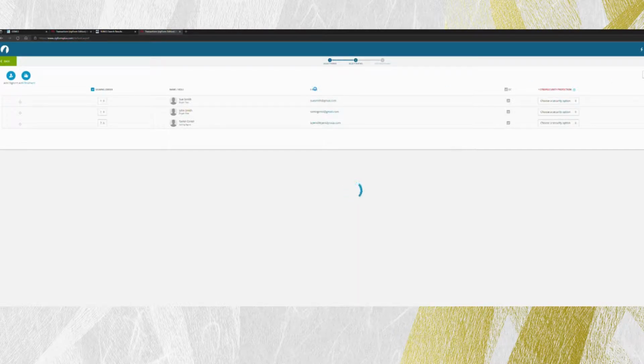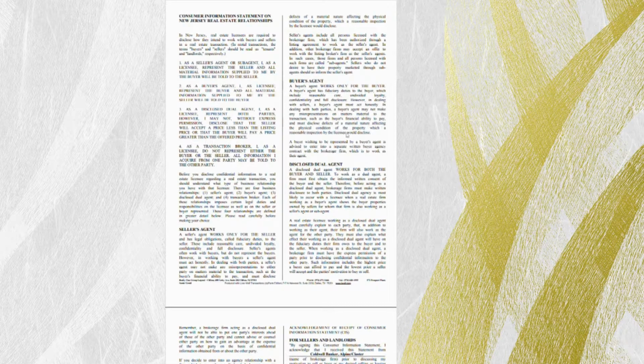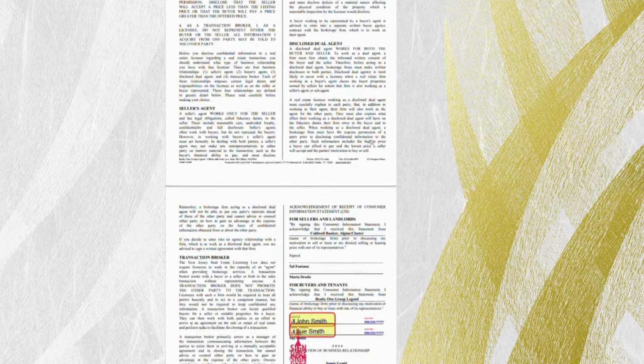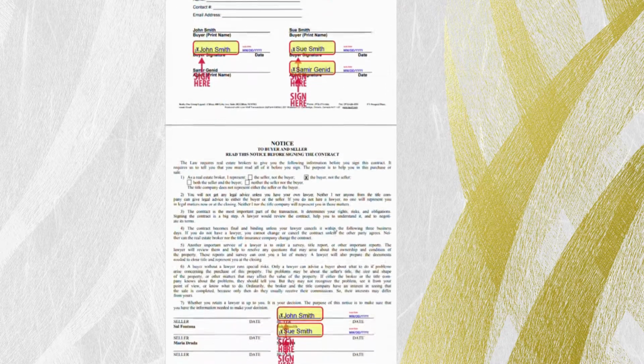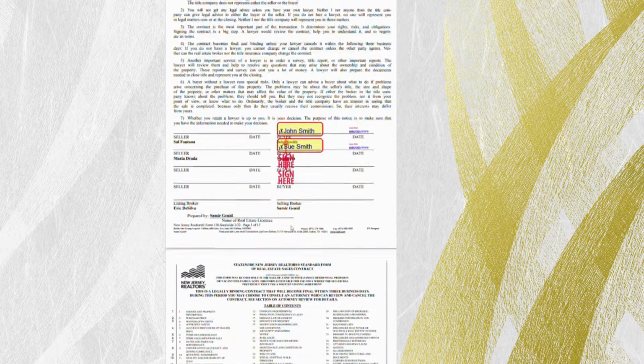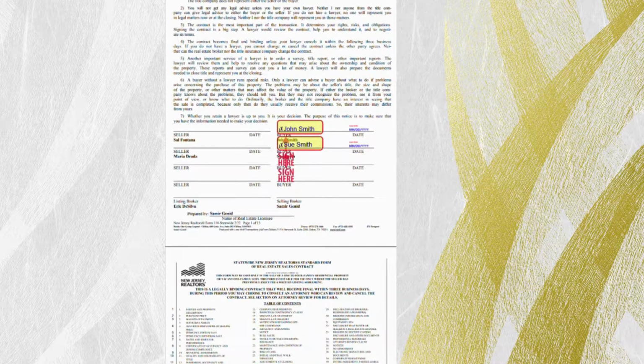Gathering all the signatures onto the document. Great. So you're going to scroll down, make sure the signatures and the dates all look good. Everything looks good there. Okay, that is already pre-filled. Looks great there. That looks good. Okay, your signature will be missing here.